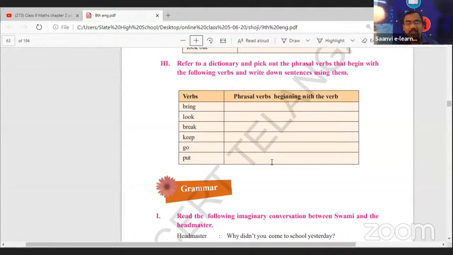So the next one is look at. Okay, look at. I am looking at the tiger.